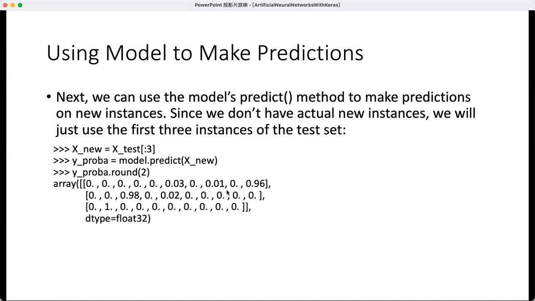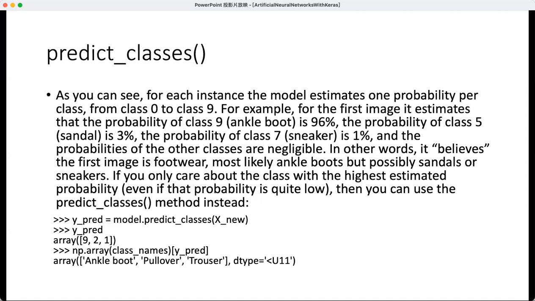Remember, we have 10 classes. The first one is most likely to be the last class. The second one is most likely to be the third class. The third one is almost certain to be the second class.